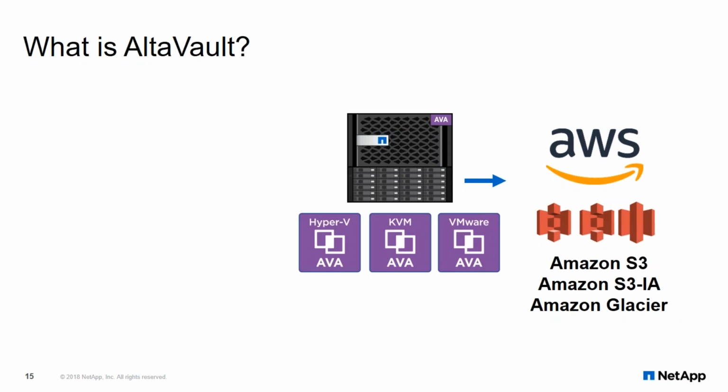And we'll store that data in one of Amazon's object storage tiers, such as Amazon S3, Simple Storage Service, S3 IA, which is the infrequent access, or the Amazon Glacier long-term tier for those real deep and cheap archive requirements that several users have for their data.